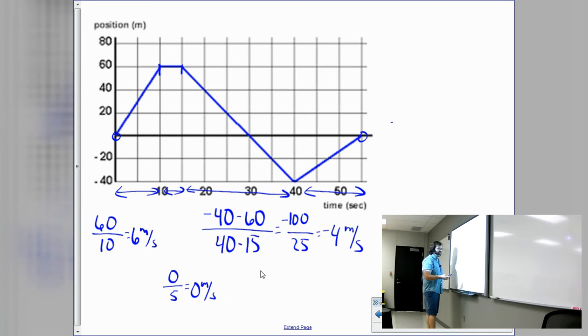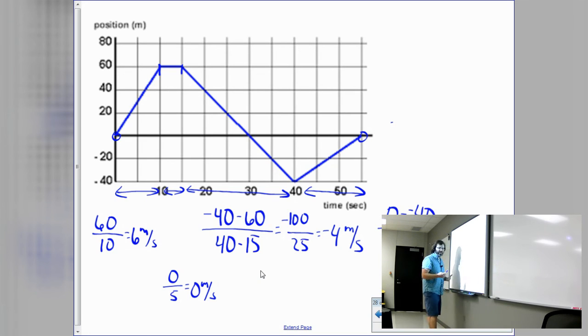The last time period, it ends up back where it starts, but it covers 40 meters. I could do that in terms of displacement, 0 minus negative 40, so it'd be 0 plus 40, over the 15 seconds to do that.